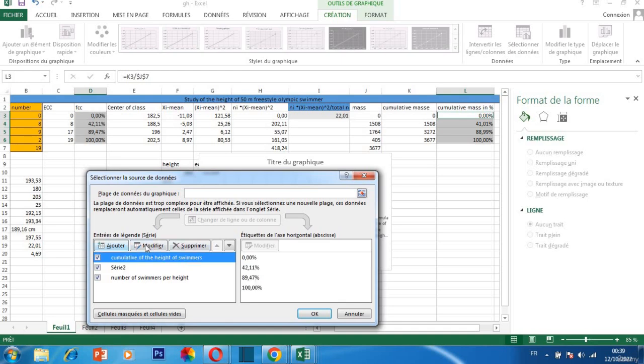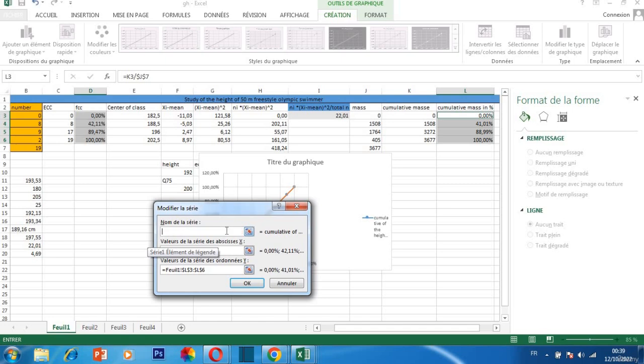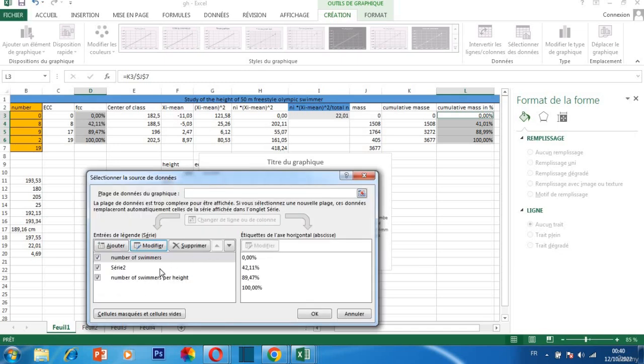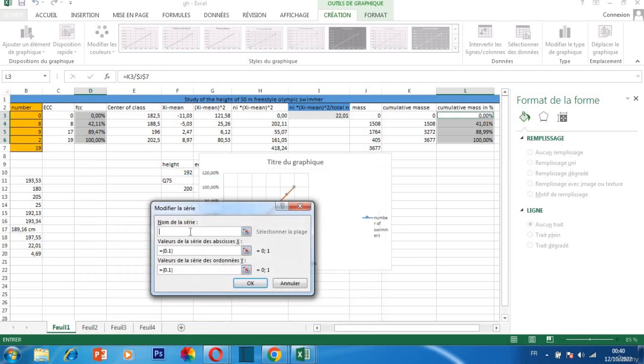No, this is the cumulative of the number of swimmers, and here we have cumulative of the height of the swimmers.